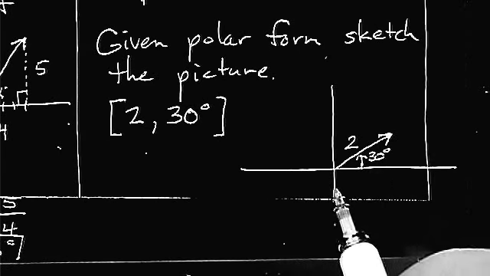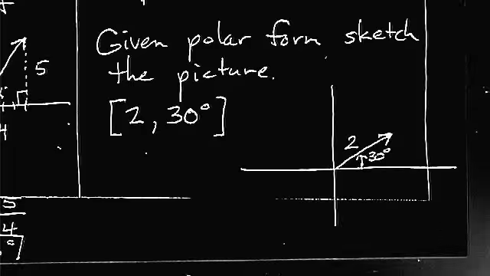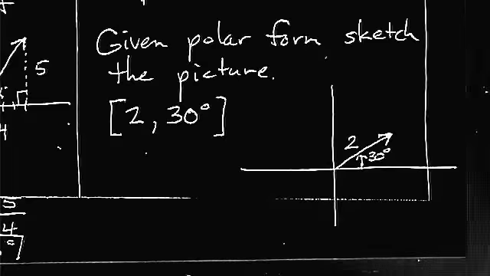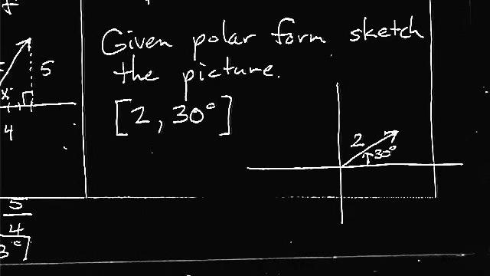We know how to do that because we've studied the 30, 60, 90 right triangle, and we also have our sine, cosine, and tangent that we could use. In this case, we would use sine for the y, and cosine to find the x. But we don't need to do that. If you're just given the polar form and asked to sketch that, that would be the vector that you would sketch. Okay, see you in class.